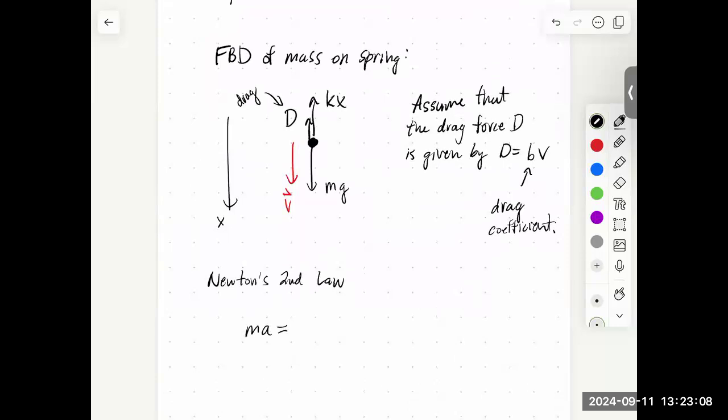Well, we took x to be positive down, so mg is a force downwards, and so we'll put that as a positive one. And then we have a drag force and spring force both pointing up, so we'll have a minus kx, and we'll have a minus b times v. All right, and so ma is just the net force, right? That's what Newton's second law tells us.